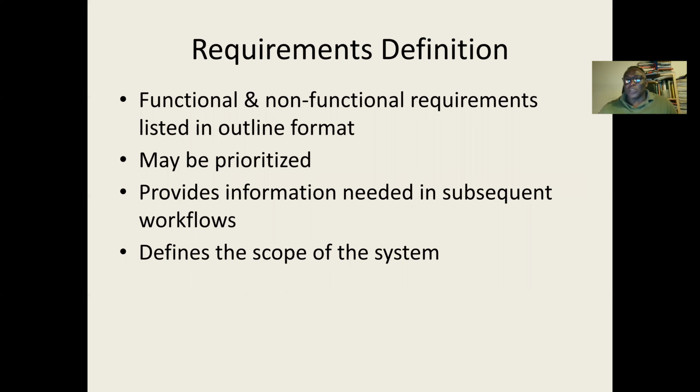Scope creep is when you develop a system and you keep designing it, you keep adding more features, you keep adding without stopping. It may end up spending more time on the system development process and also spending more funds. And always in project management, we use the term scope creep to avoid it. So with the requirement definition, that can create at least the boundary or the scope of the system for us.